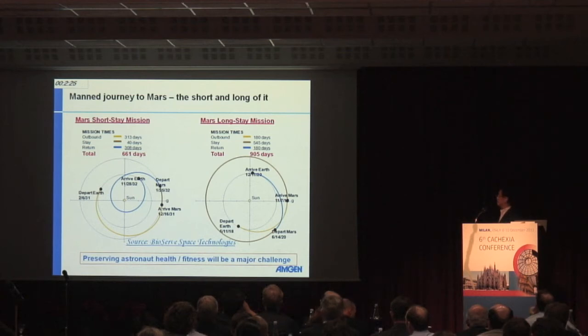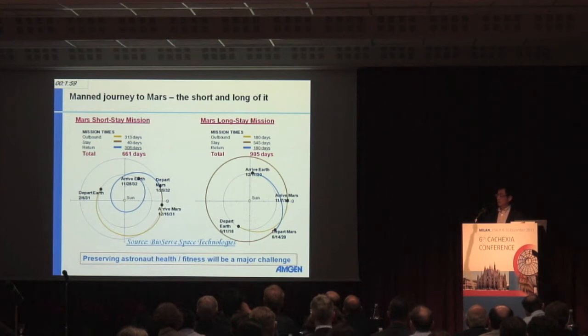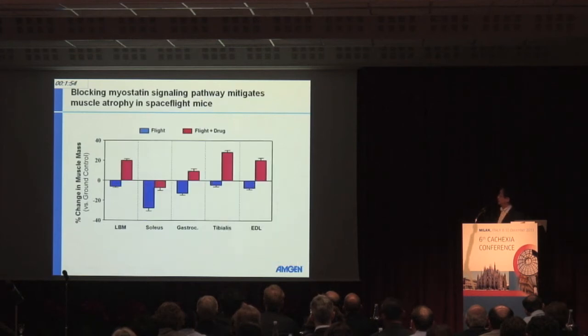It's a slide provided by NASA. Two scenarios: if you stay short on Mars, you're still going to be subjected to microgravity for more than 600 days. And here, the long version of stay, you're going to be really staying the journey for more than 900 days. So for NASA, preserving muscle health was more than important. It was very important. So we wanted to do the study.